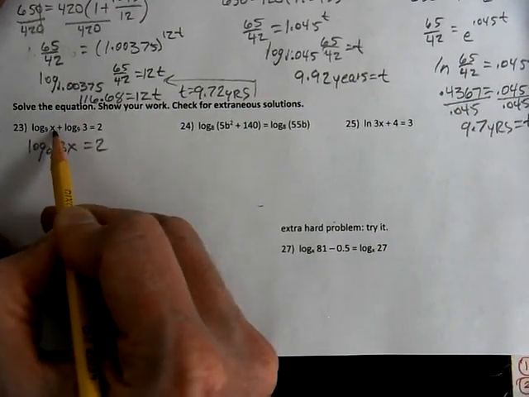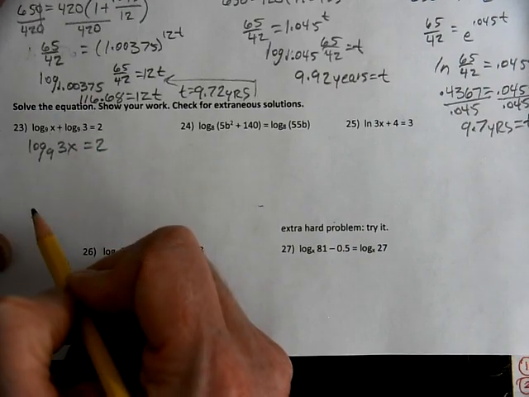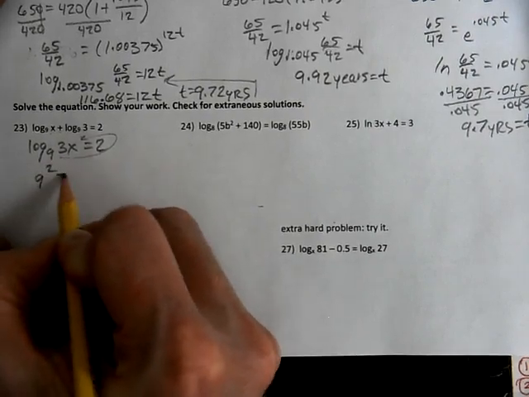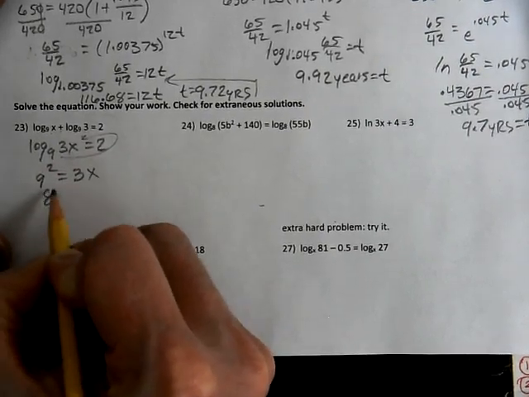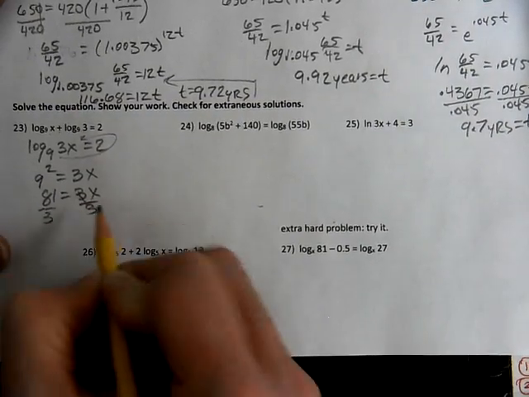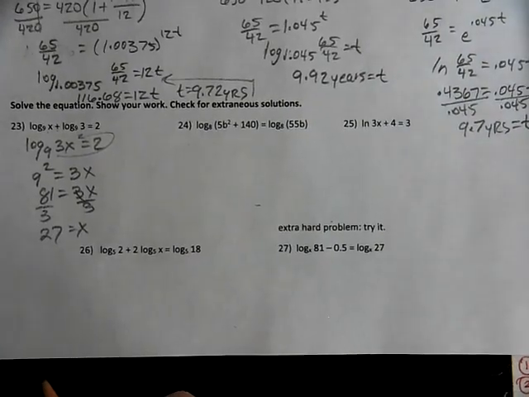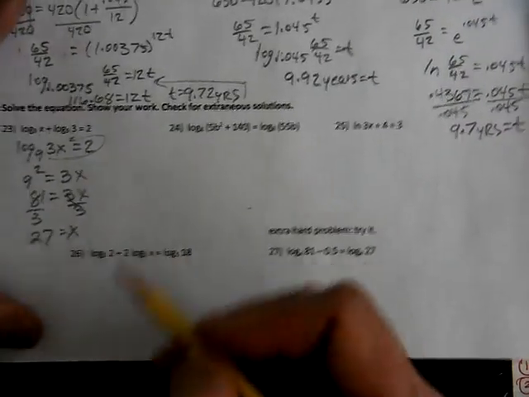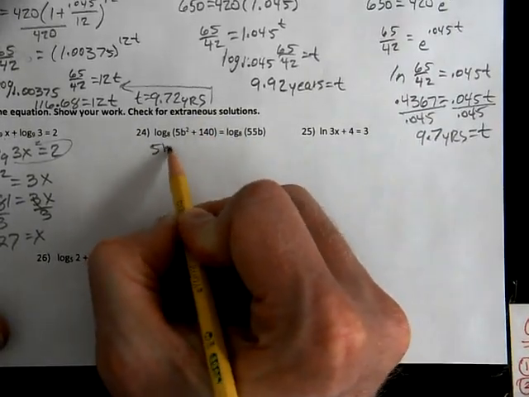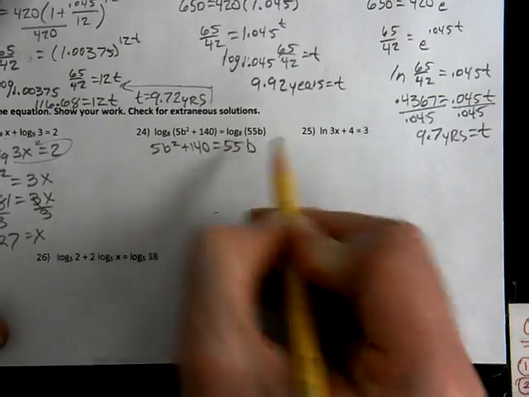I re-changed the order here because x times 3 is the same thing as 3x. Now I'll write exponential form. Here our logs are the same, so we write 5b squared plus 140 equals 55b.